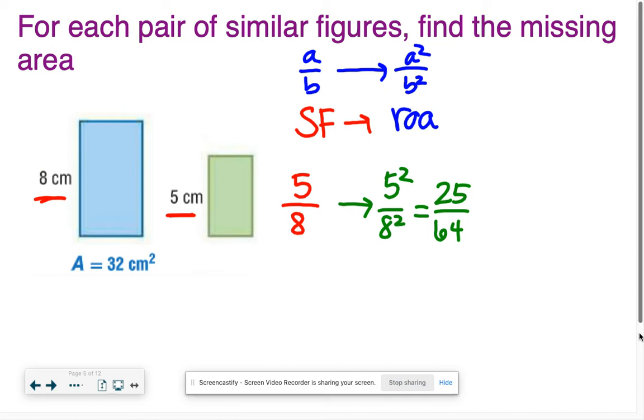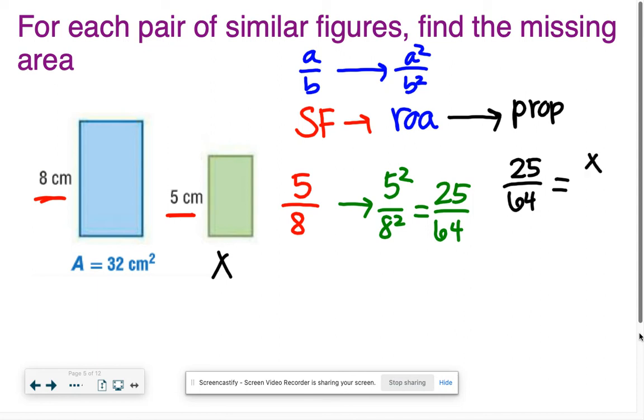And now from here, we're going to write a proportion. Write your proportion to solve. Okay? So we're going to start with your proportion of 25 over 64 is equal to, now what are we looking for? Do we know the area of our smaller figure here? Nope, so that's our x.